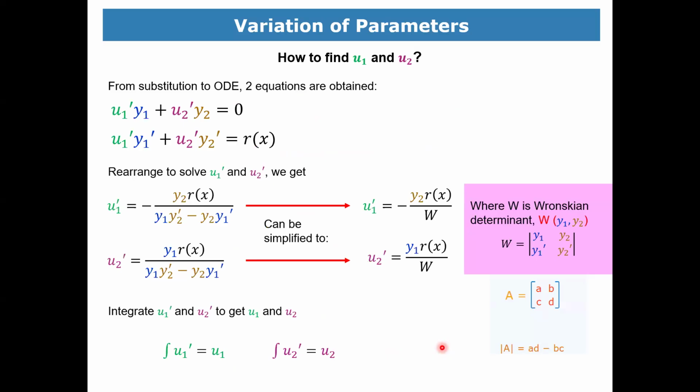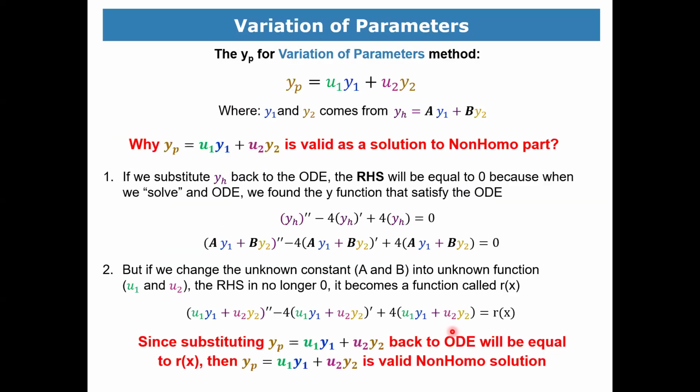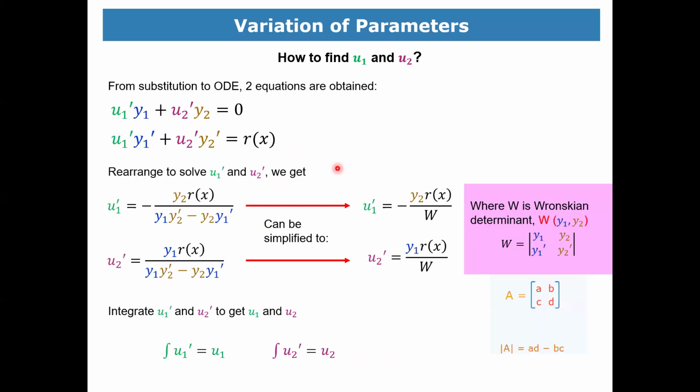Now, after getting YP, knowing that YP is valid, the next thing to be concerned of is how to find u1 and u2. From very long substitution and rearranging of equations, two equations are obtained. I did not show it here. If you want to know more, you can go to the link that I have provided in the previous slide.